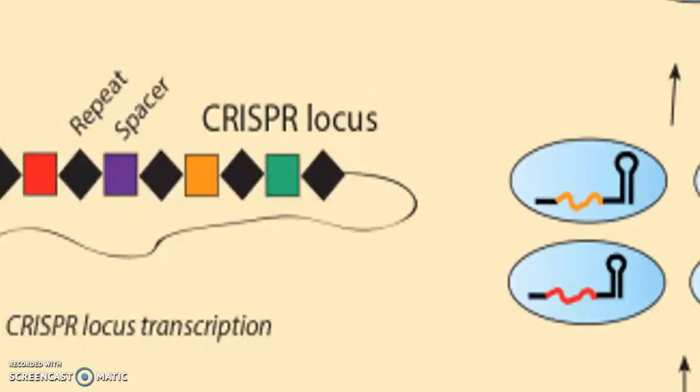Okay, so here is our picture that I mentioned earlier, and it goes through the different stages. So stage 1, the foreign DNA is added to the genome. In stage 2, the RNA is processed, and then if you look over to stage 3, the RNA is guided. The RNA guide targets the viral element.